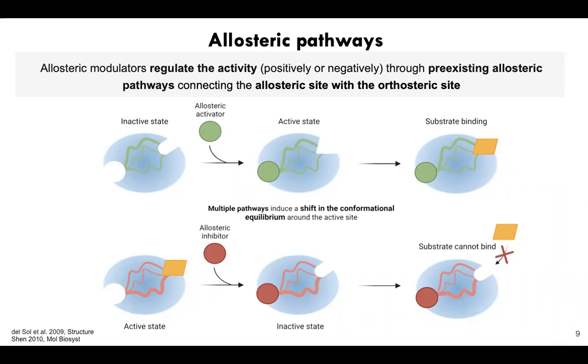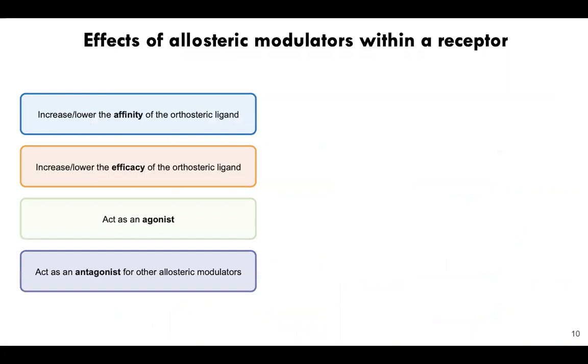When an allosteric activator, for example, binds in an allosteric site, it could facilitate more efficient substrate binding through these pre-existing pathways. On the other hand, when you bind an allosteric antagonist, you could have the effect of not binding the substrate.